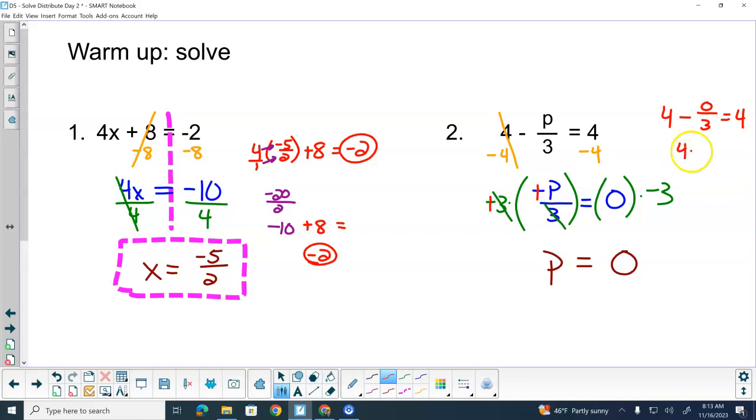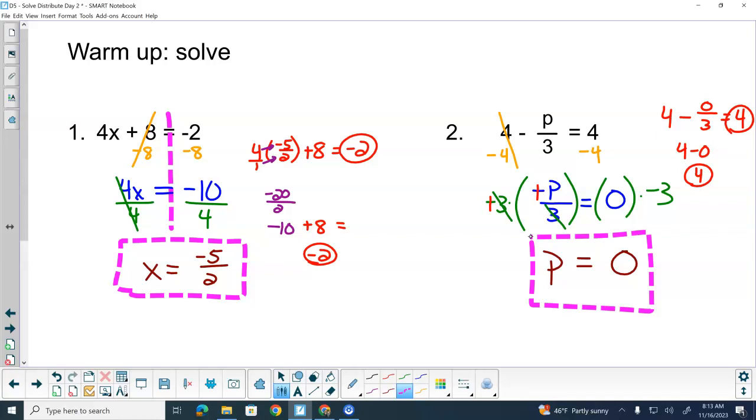So what is 4 minus 0? 4, and is 4 equal to 4? Sometimes, yeah. Just sometimes. Not all of the times, just some of the times. Okay? Negative 4 wouldn't be correct, but that's not 4.